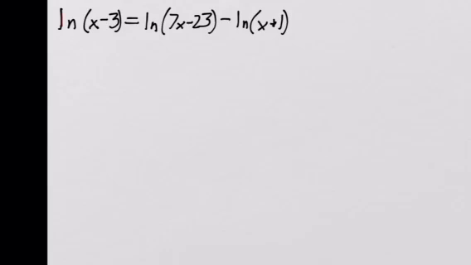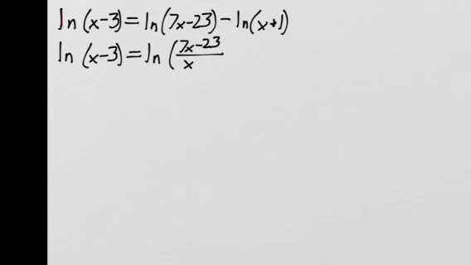So first things first, on the right-hand side, we need to combine those logarithms into a single logarithm. So we'll leave the ln of x minus 3 alone. And then we get ln of 7x minus 23 divided by x plus 1.